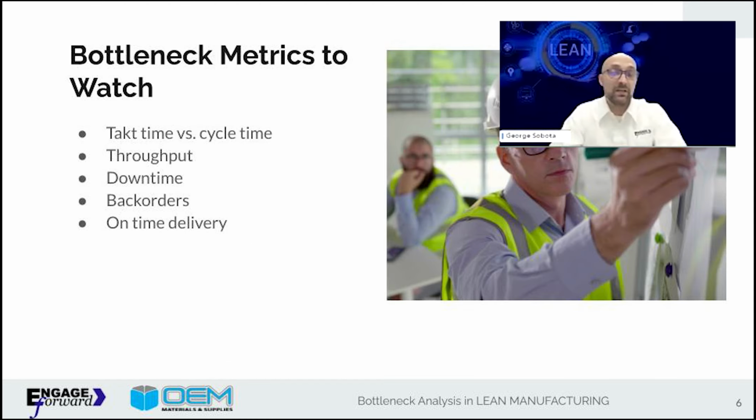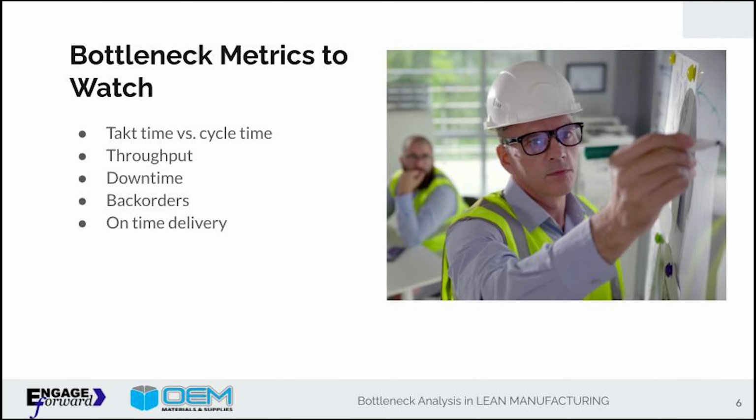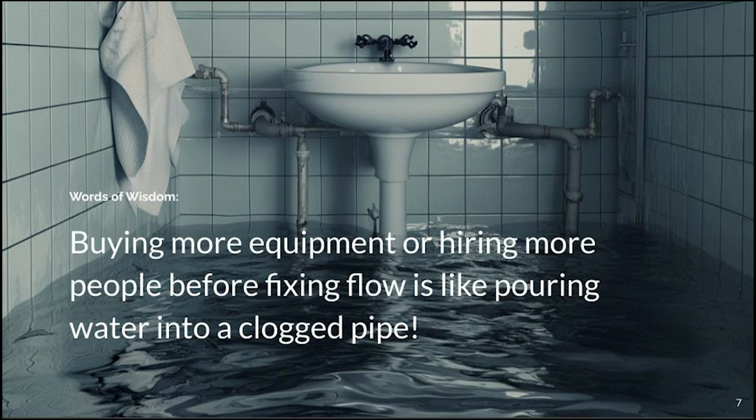Some of that is just simply seeing how can you find where those bottlenecks are? And there's certain metrics you can use. Some of it is using takt time or cycle time, how many back orders you have, what is your throughput. These metrics will help to make your bottlenecks visible. So we've seen in multiple organizations where sometimes just throwing money or people or new equipment at the problem just doesn't help.